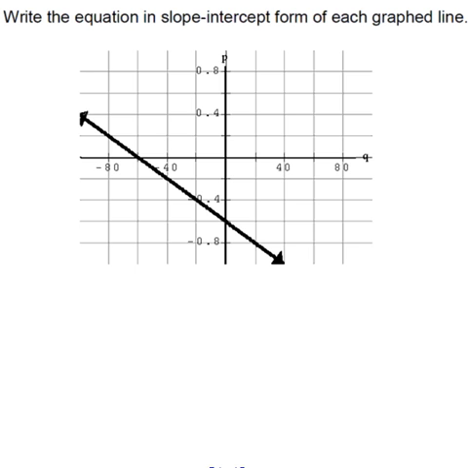So now if we have a graph and we want to find the equation in slope-intercept form, we're doing the reverse of what we just did.